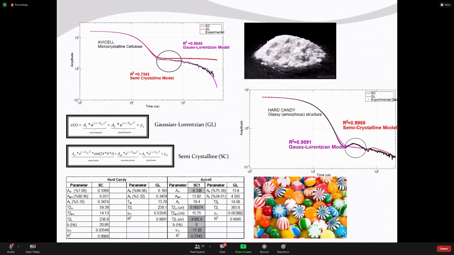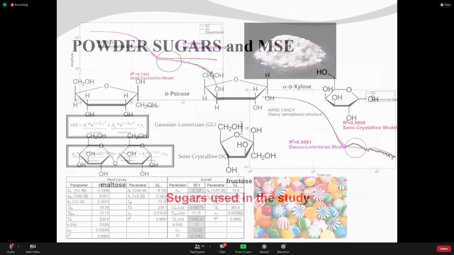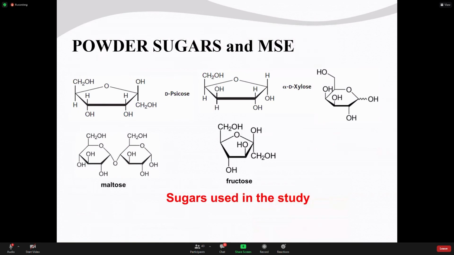In that regard, if we have a tool with which we can measure the degree of amorphicity in a hard candy, that could be a way to make conclusions about the behavior of that candy in the processing line. And for that purpose, when we first came up with this hypothesis, we worked with some powdered sugars.